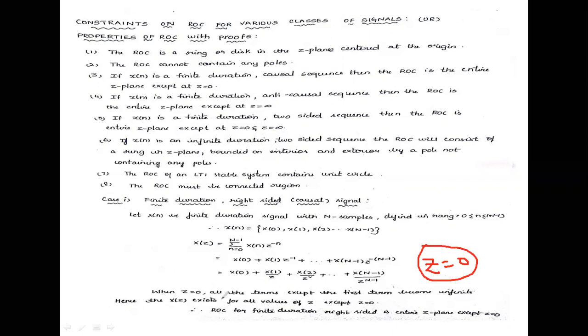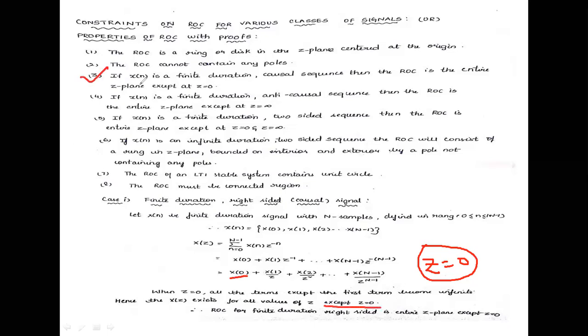When z is equal to 0, all the terms except the first term become infinite. So except the first term, this term is infinite, this term is infinite, and this term is also infinite. So infinite plus anything becomes infinite. It does not exist. X of z does not exist for z equal to 0. Hence, X of z exists for all the values of z except z equal to 0.